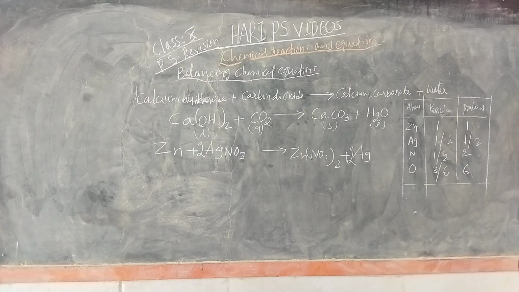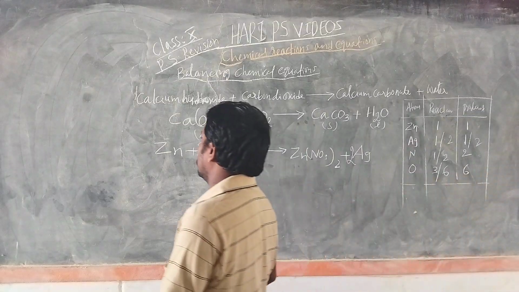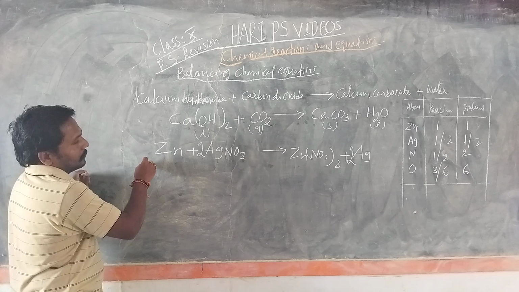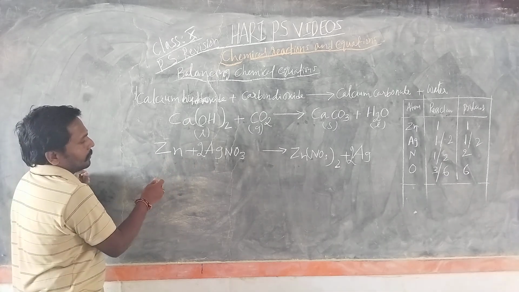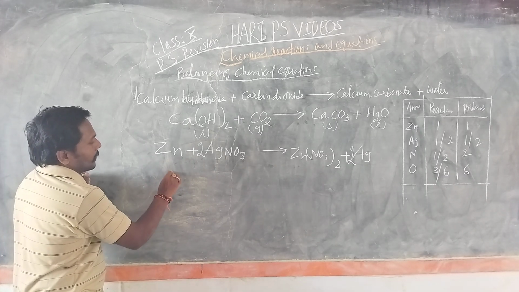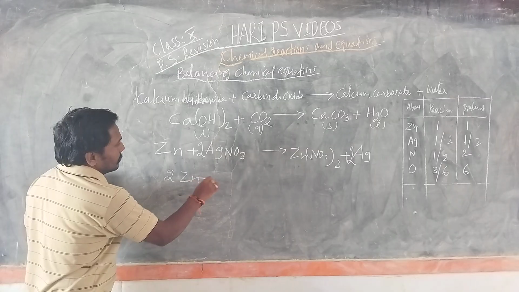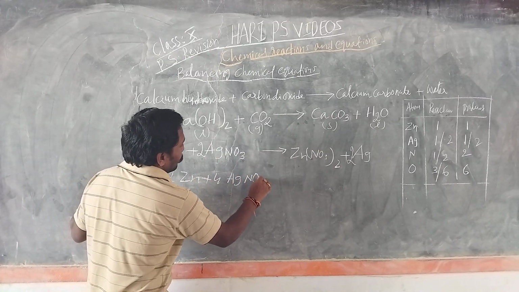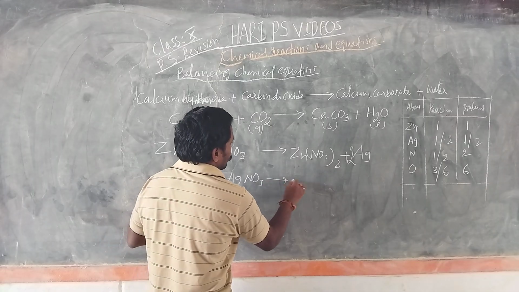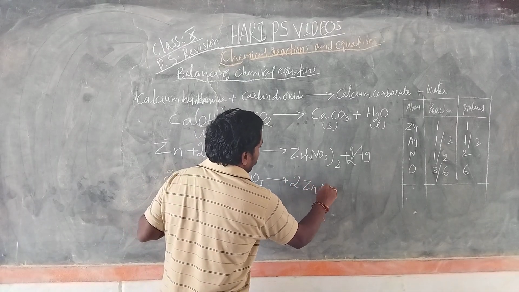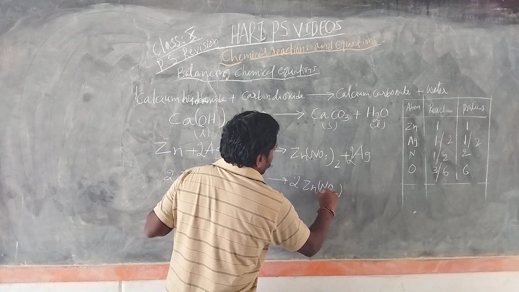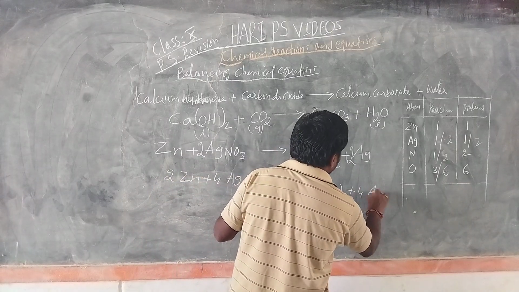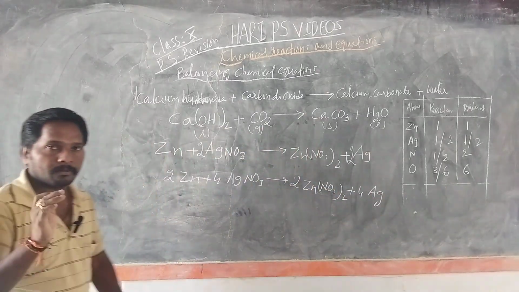For example, just consider that the balanced chemical equation becomes like this: 2 zinc plus 4 AgNO3 gives rise to 2 Zn(NO3)2 plus 4 Ag.